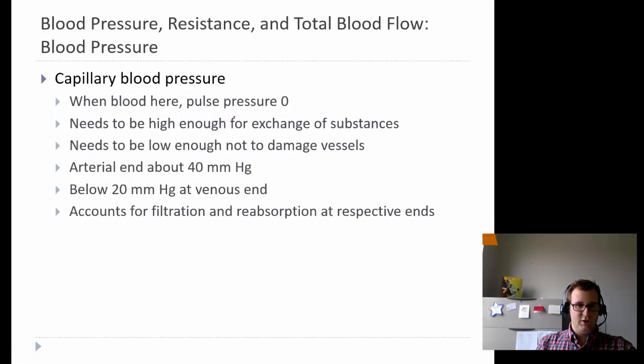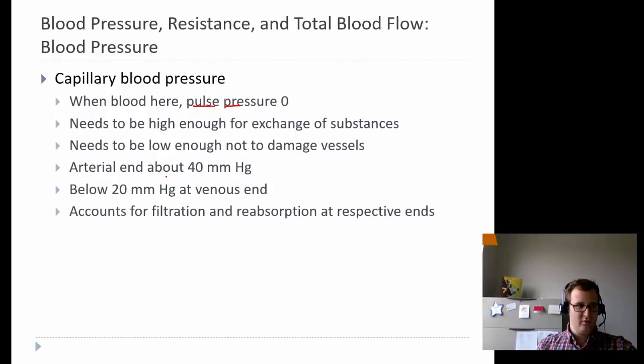So whenever the blood reaches our capillaries, we will experience no pulse pressure, which means that we do not see a systolic and diastolic in our capillaries. We just have blood flowing through here. It's high enough to have hydrostatic pressure, but low enough to prevent damage to our vessels. So you're not going to force blood through very delicate vessels very rapidly.